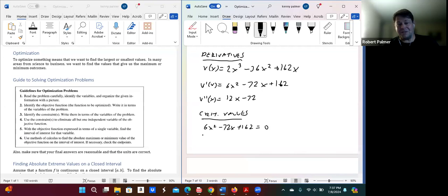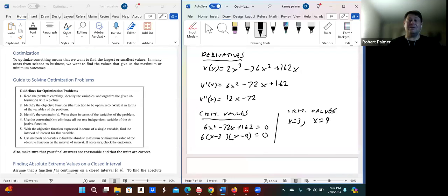You can take the 6 out and then also factor the rest of it. And that's going to factor into basically 6 times x minus 3 times x minus 9. I'm kind of moving through a couple of steps here at once. If we set each one of these equal to 0, we get our critical values: x equals 3 and x equals 9.